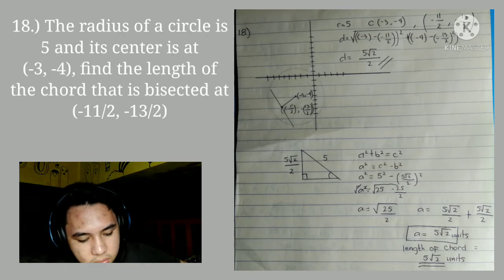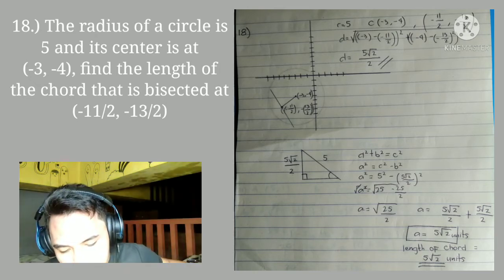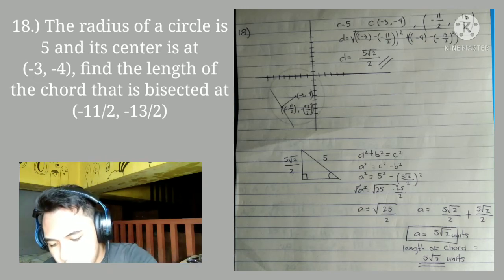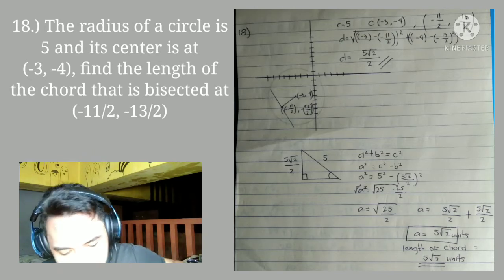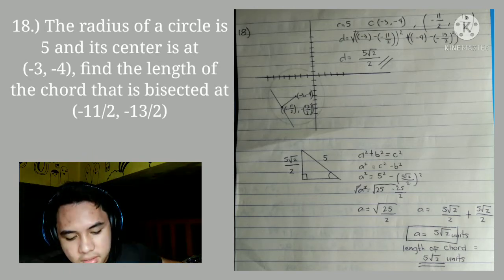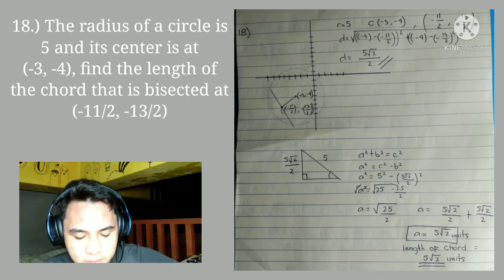So we have the square root of (−3 − (−11/2)) squared plus (−4 − (−13/2)) squared. If we plug this into our calculator, we get 5√2/2, which is the distance between the center point and the point where it is bisected.